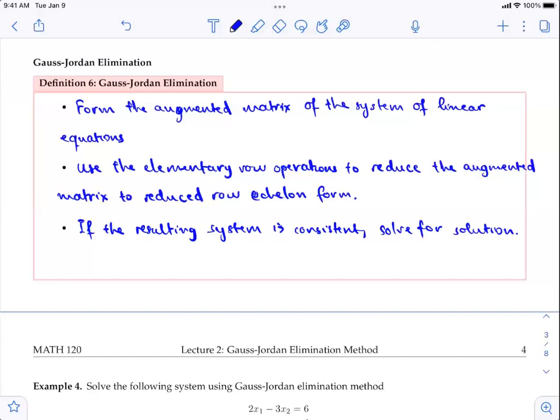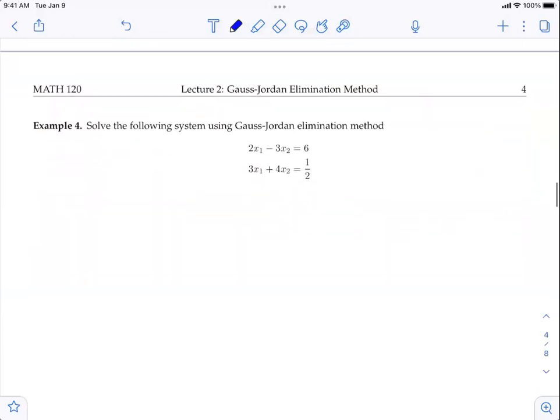If the system you get is consistent, you can solve for the solution, looking for either a unique solution or infinitely many solutions. If the equivalent system you got is inconsistent, you say that the system has no solutions. All right, so let's do the following example using the Gauss-Jordan elimination method.